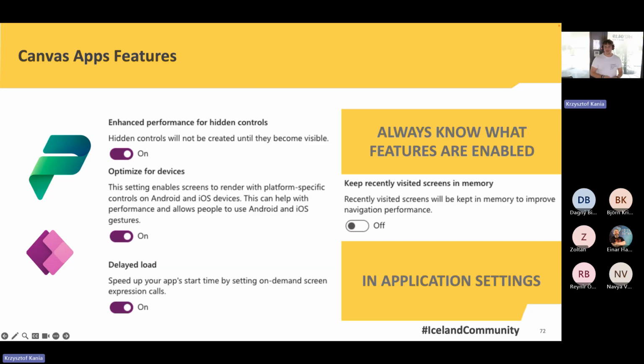We don't want to keep recently visited screens in memory to improve navigation performance if we have a lot of data, because the screens will be all the time available from the memory perspective. It's taking the resources that we want to be allocated for the user to work on the app. So always check your settings, check what is turned on, turned off, and work based on that. Be aware of what you have over there.